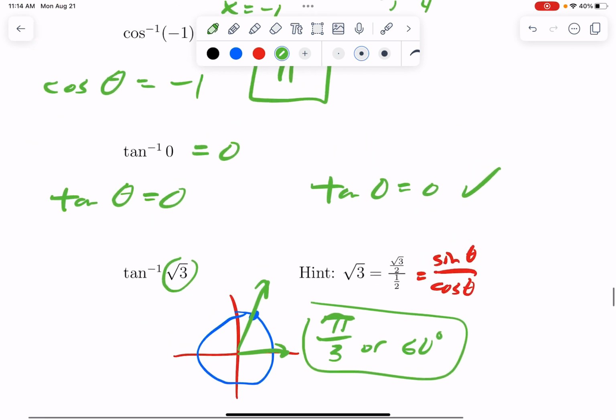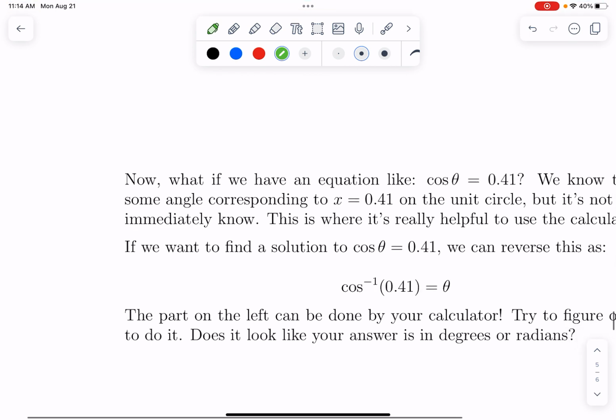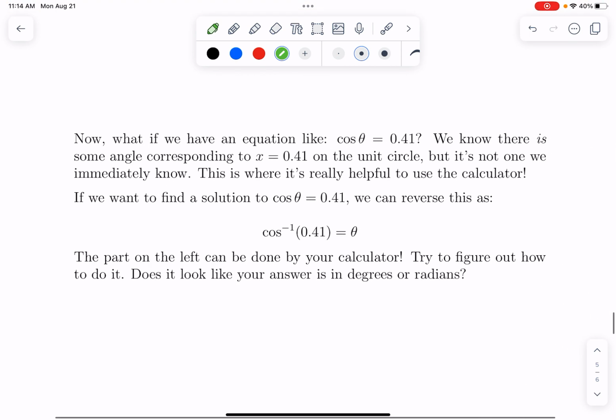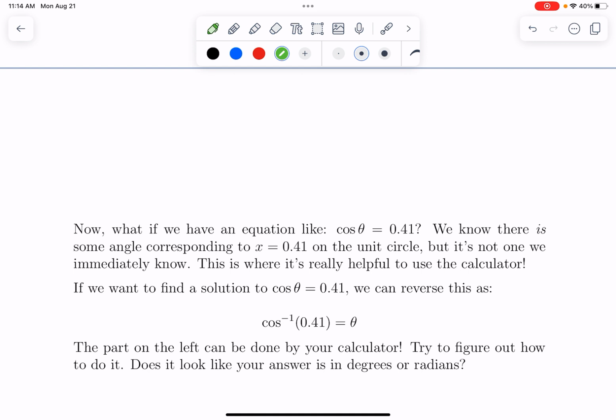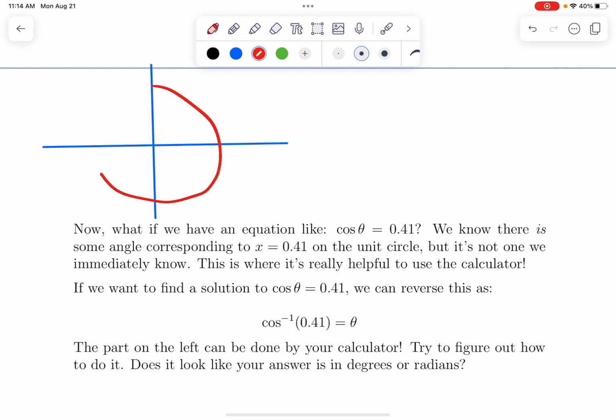So if you know your basic trig, you can do these backwards. It's a little bit slower to do it backwards, but all the relevant information is something you know. So now, what if we have something like cosine of theta equals 0.41? Right? Cosine measures the x-coordinate on the unit circle. Let me try to draw a better unit circle this time. Okay, something like so. Good enough.